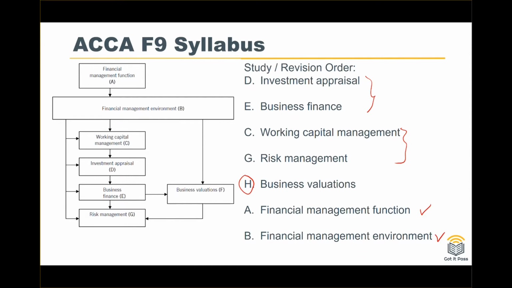Because for business valuations, the most important part is how to maximize shareholder value or shareholder wealth, which is part A, the financial management function, or the objective of financial management. And for the financial management environment, it quite often appears in section A, the multiple choice questions.